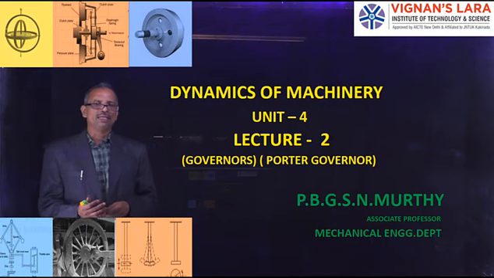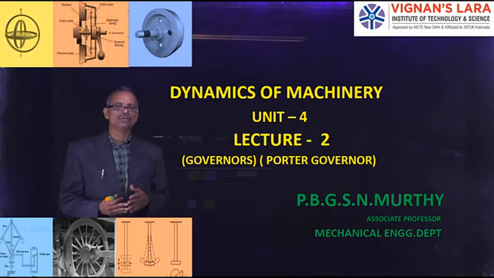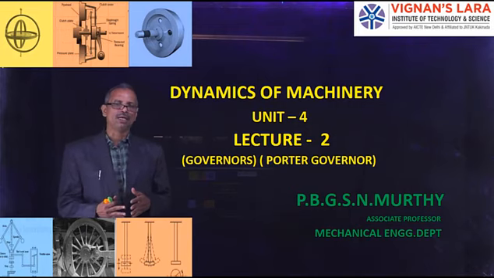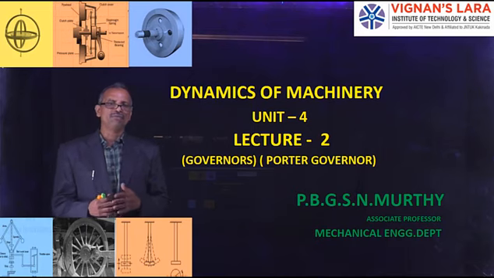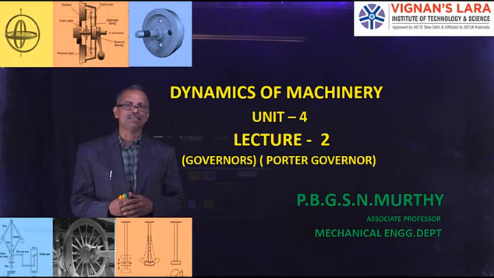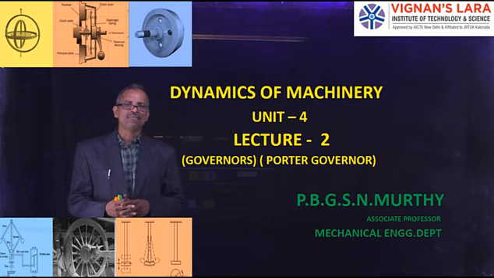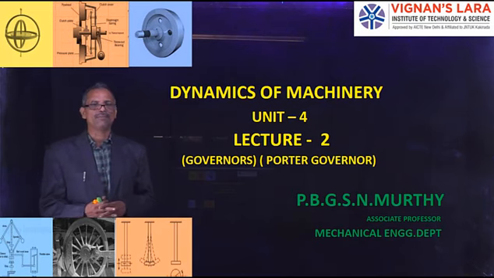For that, the governor is the device used to control the speed depending upon the load fluctuation. Governors are classified into two types. One is the centrifugal governor and another is the inertia governor. The centrifugal governor works on the principle of change of velocity, whereas the inertia governor works on the principle of rate of change of velocity.